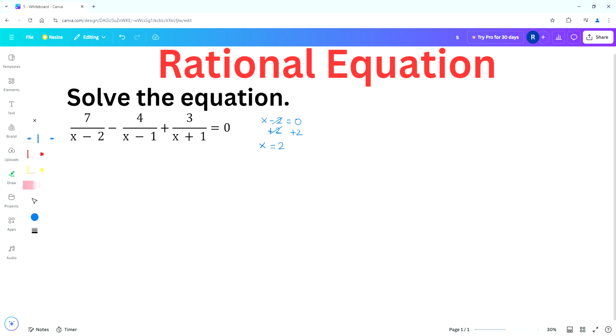Now we can find the second restriction. The second restriction is x equals 1. Now we can find the third restriction.